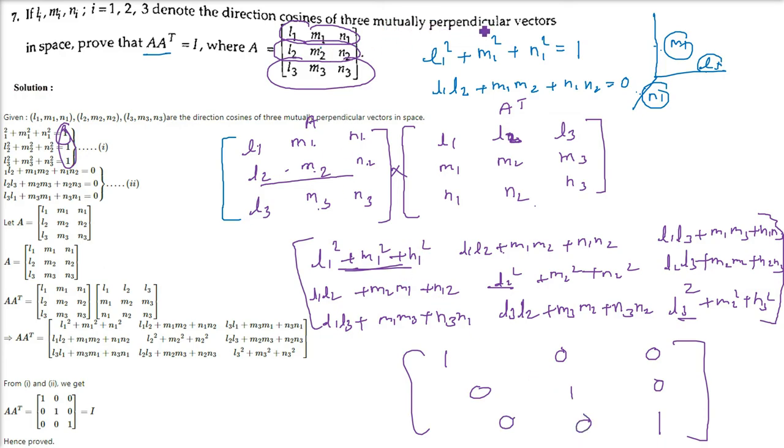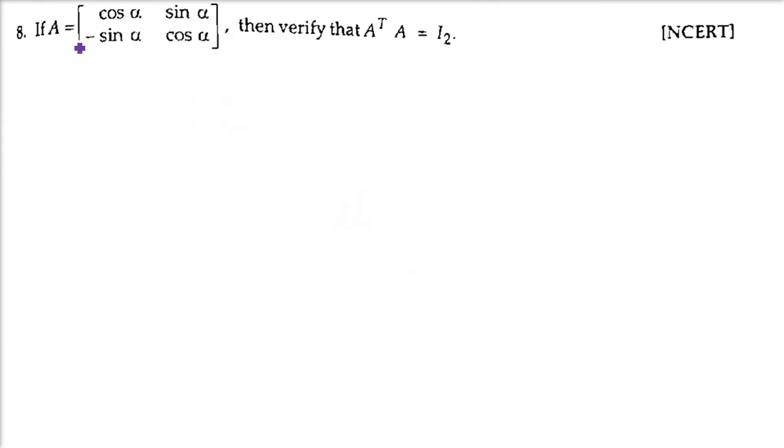Because these are the direction cosines of 3 mutually perpendicular vectors, when we multiplied A transpose with A, we got I3, the identity matrix. A is given, and we have verified that A transpose into A equals the identity matrix.